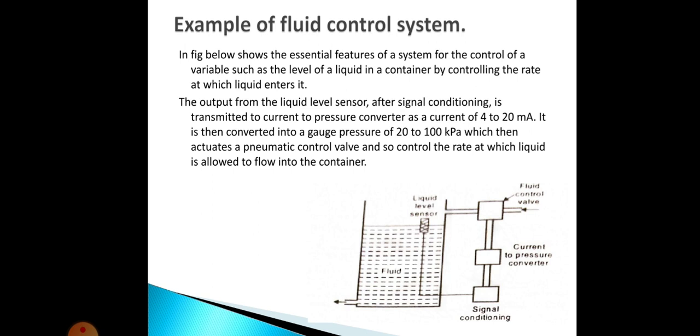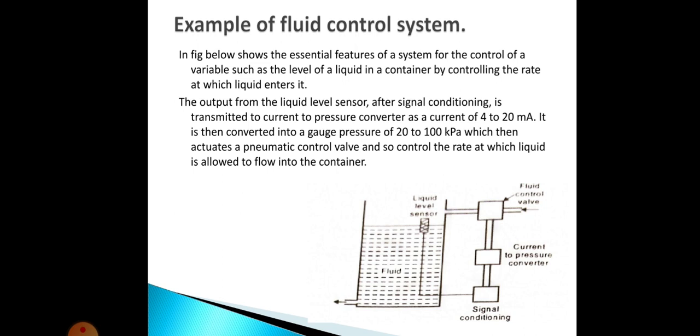It is then converted into a gauge pressure, which actuates a pneumatic control valve, and so controls the rate at which liquid is allowed to flow into the container. So you can see the liquid level sensor is there. When the container is full, it will tell that it is full and the flow will stop. When the level is low, it will tell it has to fill, like that.